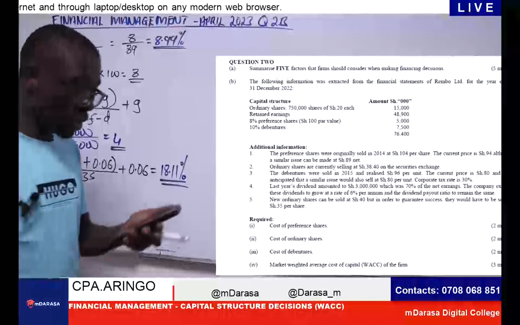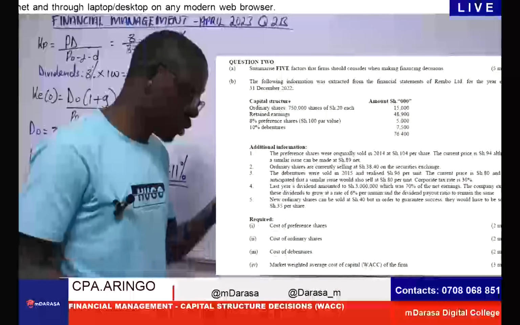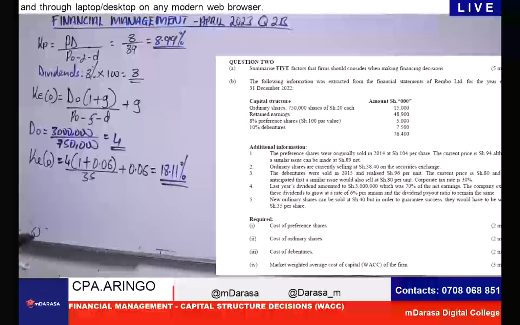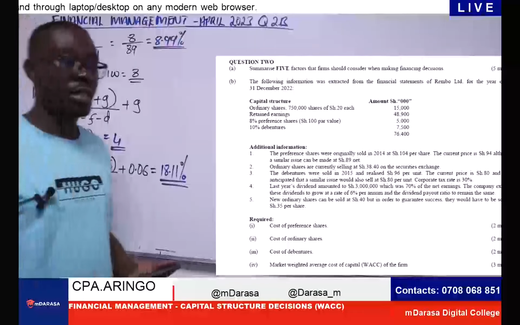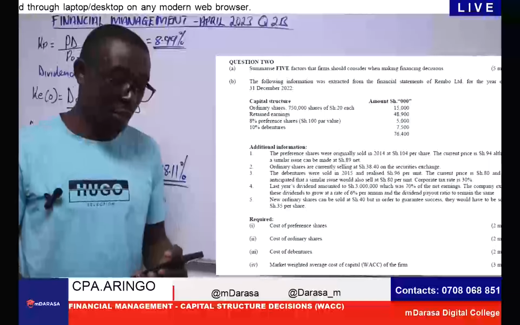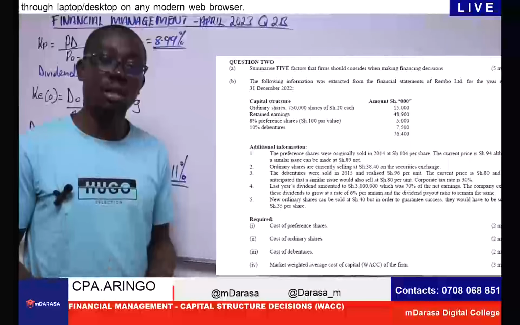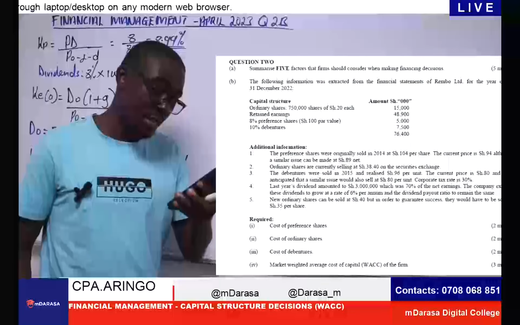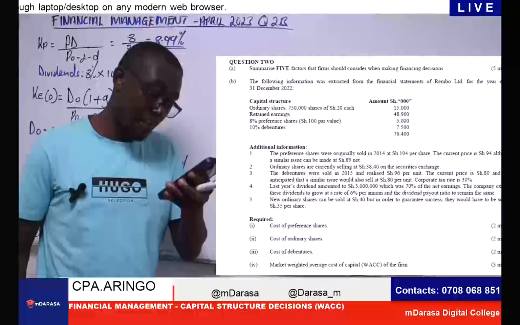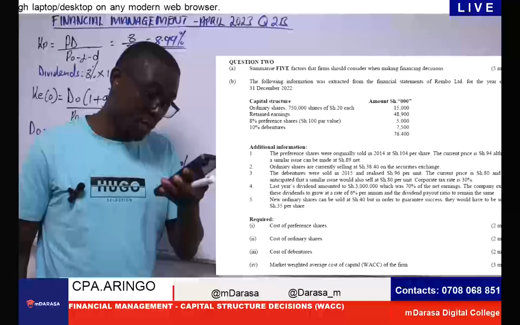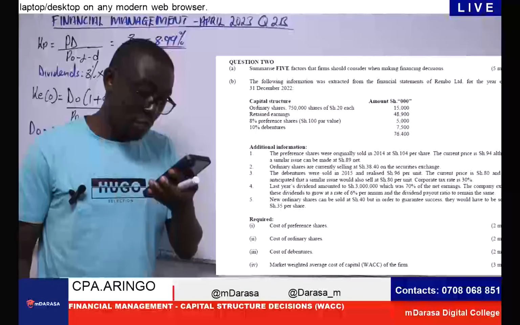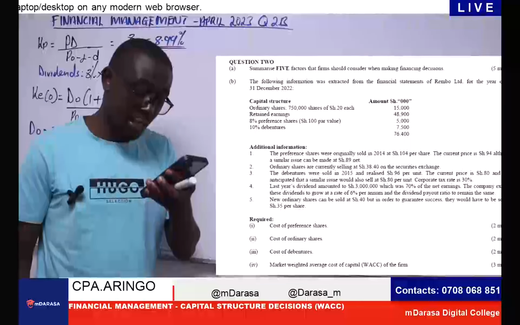After that point, we proceed to the next item where we are told to compute the cost of debentures. And the question that we're going to ask ourselves is, are we dealing with redeemable debentures or irredeemable debentures? In our case, clearly, check note 3 kindly. The debentures were sold in 2015 and realized 96 per unit.